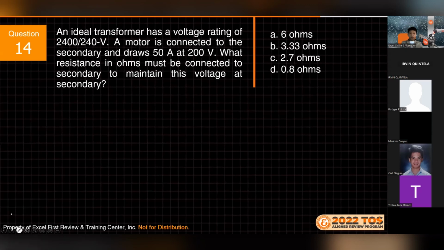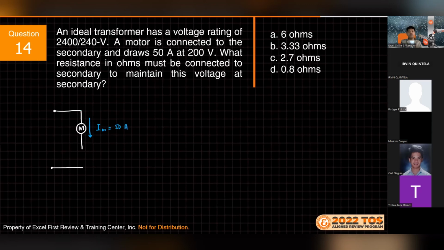This is a situation wherein may motor daw na i-connect doon sa secondary side. Ang sa motor kasi, pag sinabing it draws 50 ampere at 200 volts, rating niya talaga yon. Hindi pwedeng mag-adjust yung source para sa kanya, di ba? So this one is the motor itself. Okay po? Kumbaga, the thing is this. Ang current ng motor mo na yan is 50 amperes.